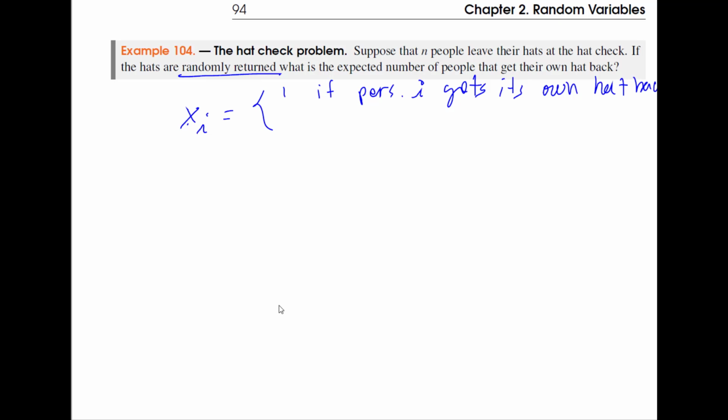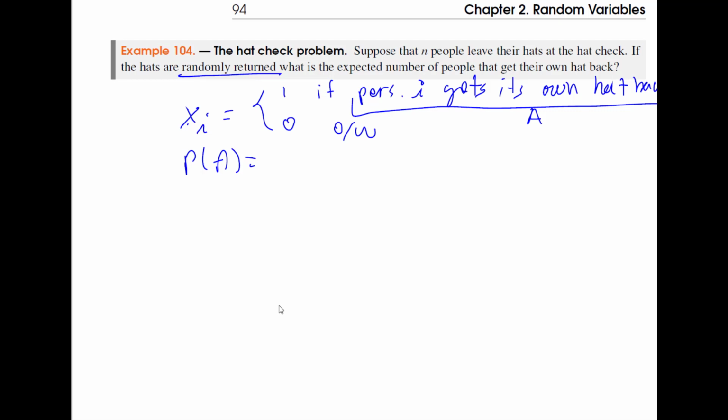This is event A in the previous definitions, and 0 otherwise. Now, the probability of A is important because we needed to evaluate those expectations.